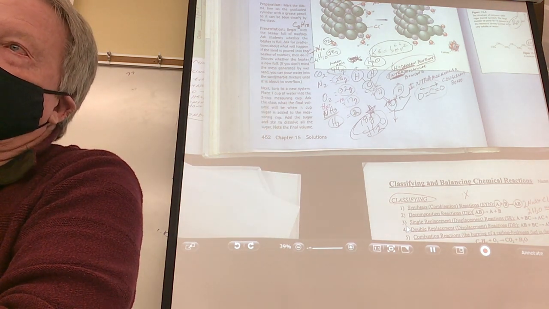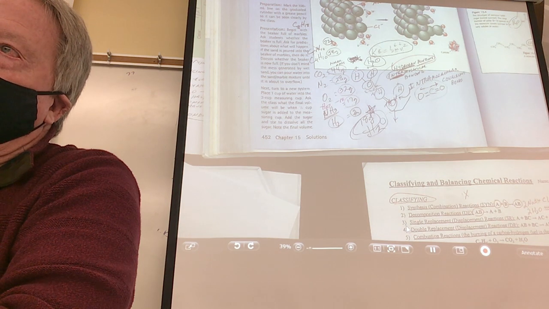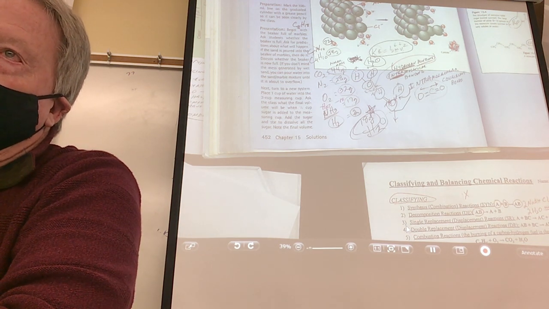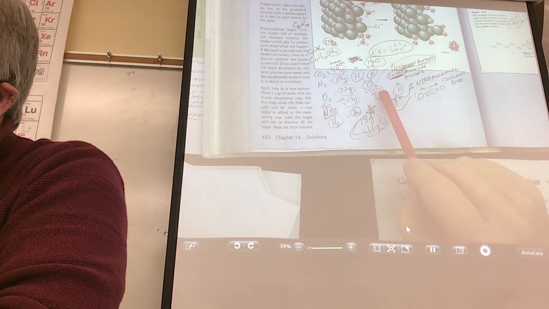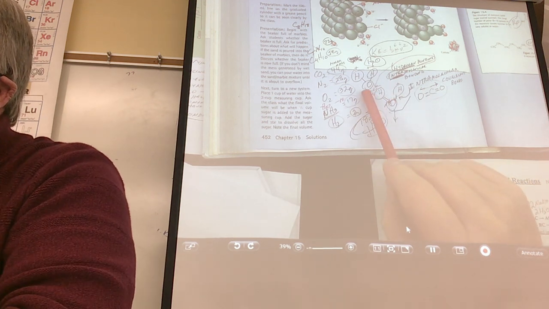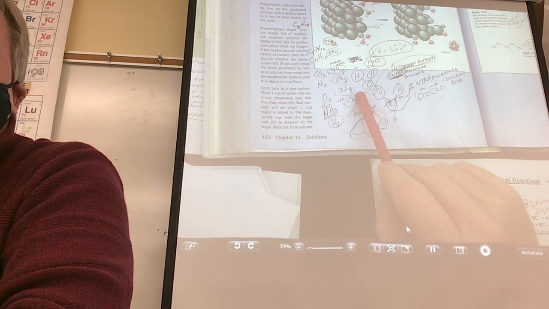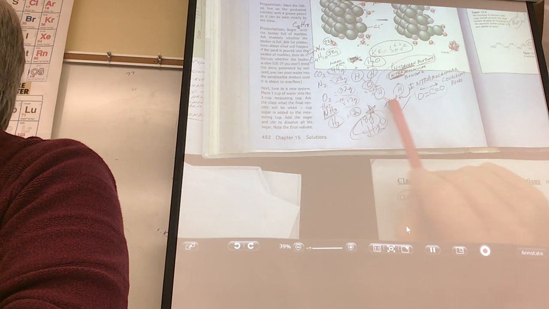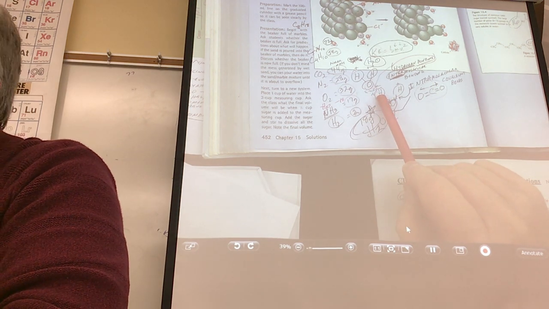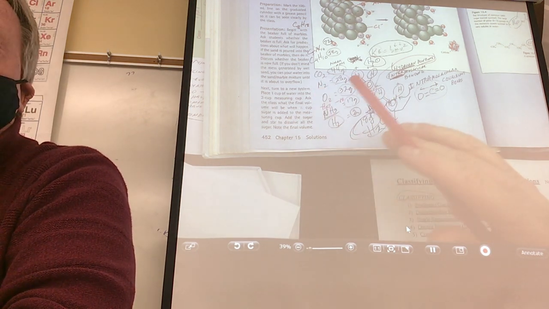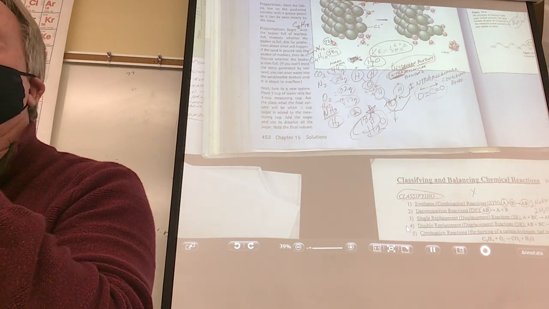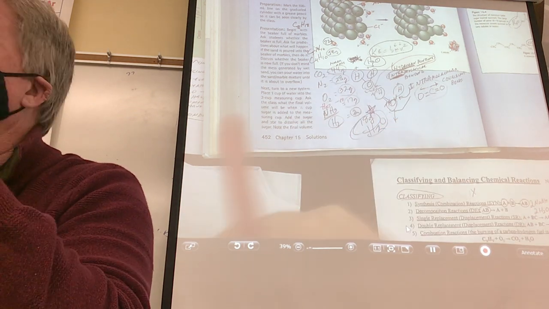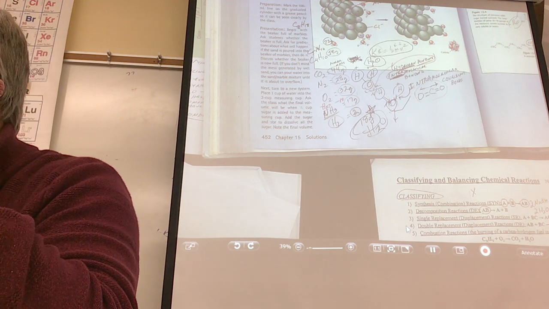What's the name of the intermolecular bonding for water? Hydrogen bonding. And so hydrogen bonding occurs when the slightly negative end, the oxygen end of water, is going to be attracted to the hydrogen end of another water molecule, and et cetera, et cetera. And that makes water ball up. If you put a piece of water on a table, you'll see it kind of form a ball, doesn't it?